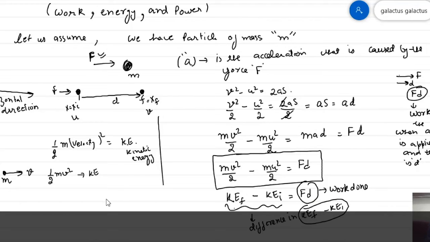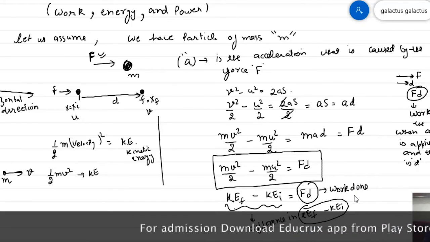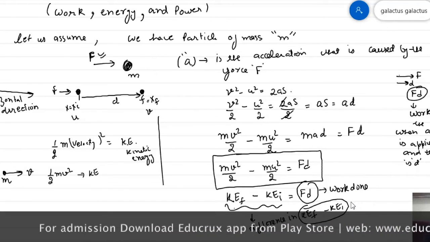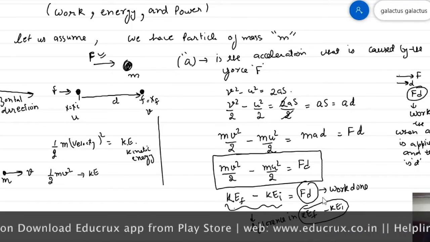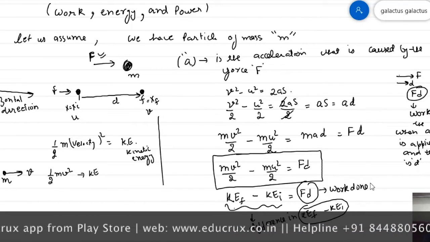So this is our work energy theorem. I have just considered a very simple example to see how we got the work energy theorem.